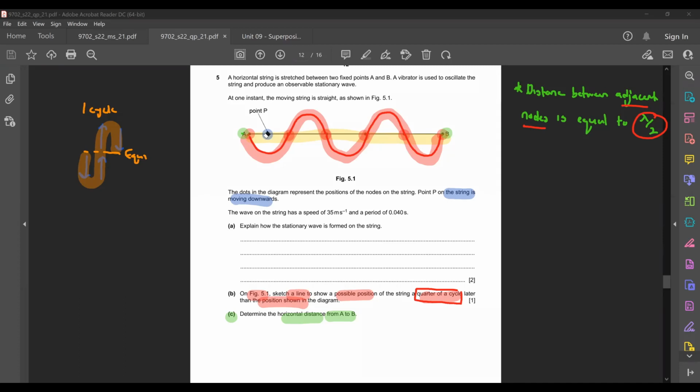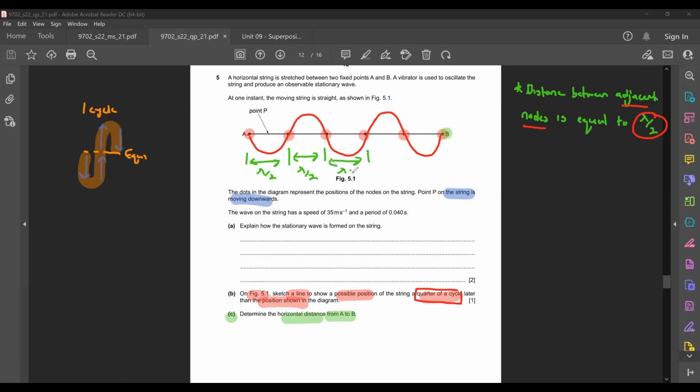So recall that in our question here, all these dots that I've just marked out in red are actually the position of our nodes. So if distance between adjacent nodes is half lambda, that would mean something like this. This one is half lambda. This one is half lambda.